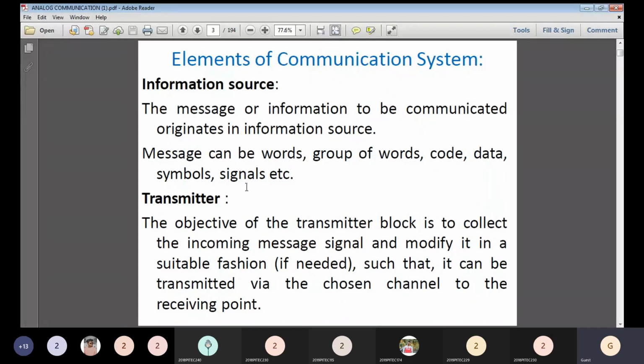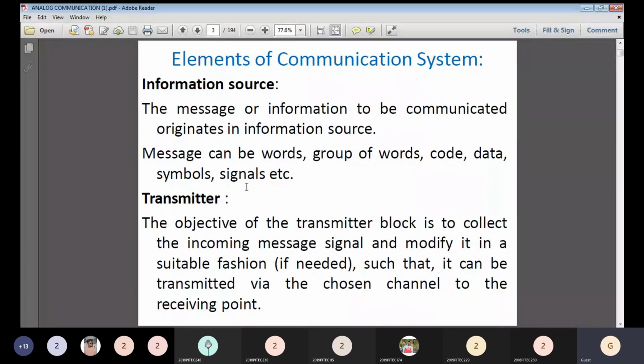I am speaking here, and this voice signal is converted into an electrical signal. Then the electrical signal is transmitted through a set of transmission channels, not a single channel. It is a combination of channels, because nowadays we are connected in online mode. All are communicating using electronic gadgets, systems, laptops or mobile phones.